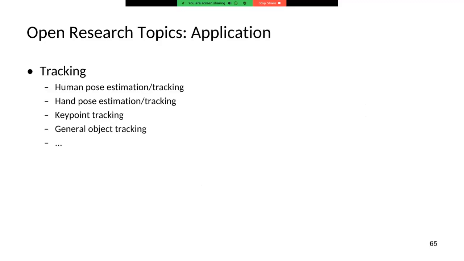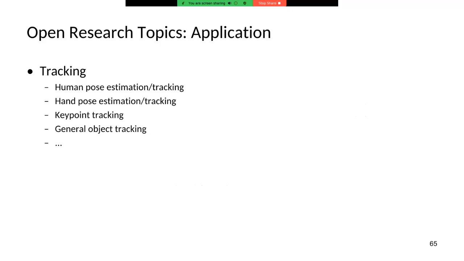So first, in applications, I think tracking is quite underexplored with event cameras. Of course, there are several works. For example, in human pose estimation, there are at least 2 or 3 data sets now. But if you compare the data that we have to data that people use in computer vision otherwise, it's a big difference.